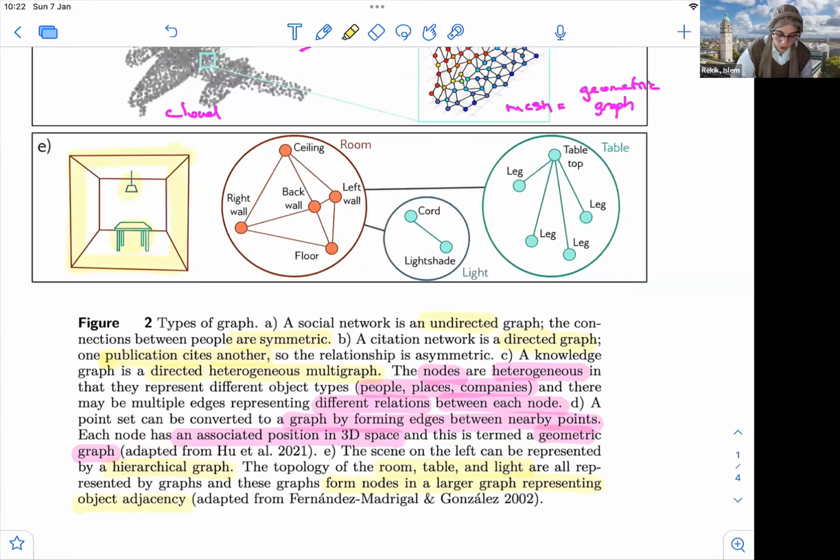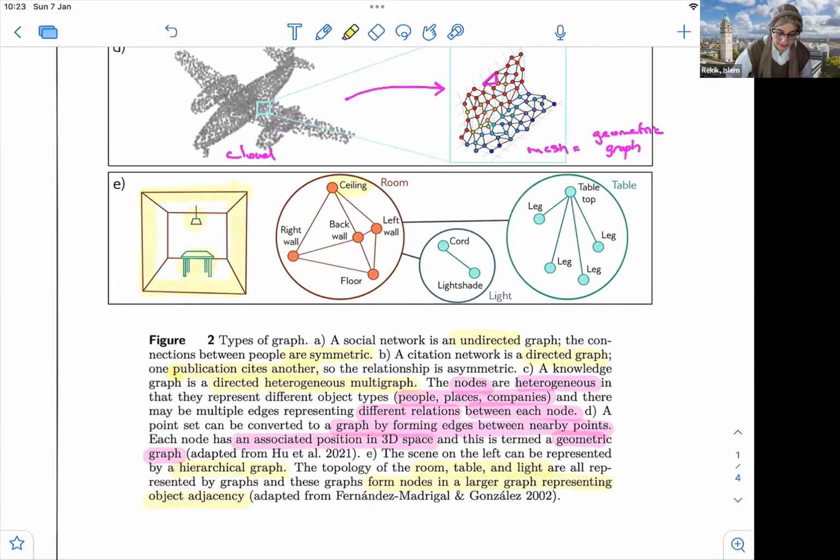In the room, for example, you have the ceiling, the back wall, the left wall, the floor, etc. You can connect these depending on the meaning, maybe if they are spatially adjacent, so there is a meaning that you need to assign to the edge to be able to connect these nodes. For example, the cord and the light shade are spatially connected together.